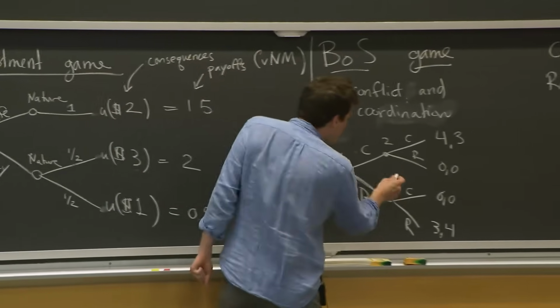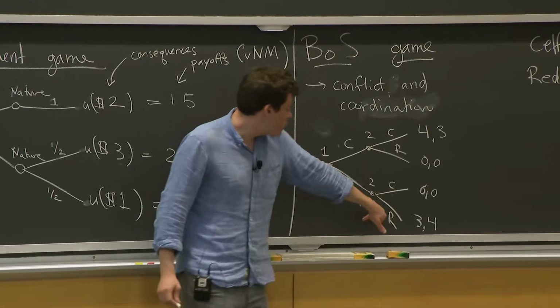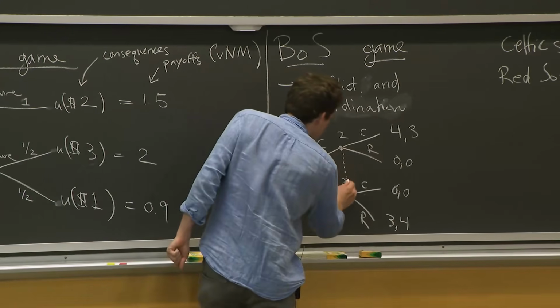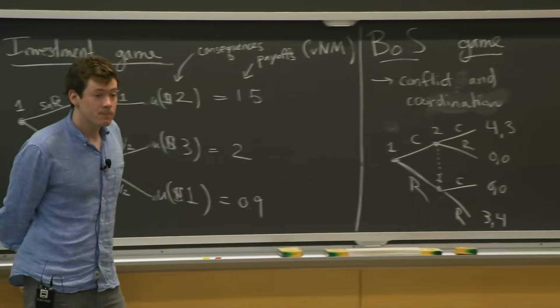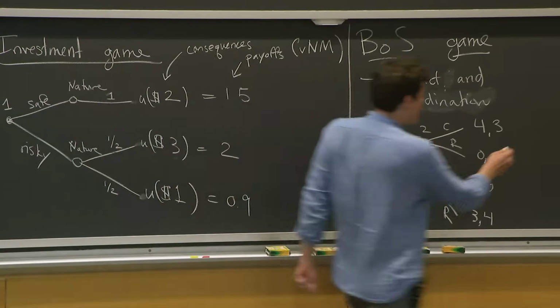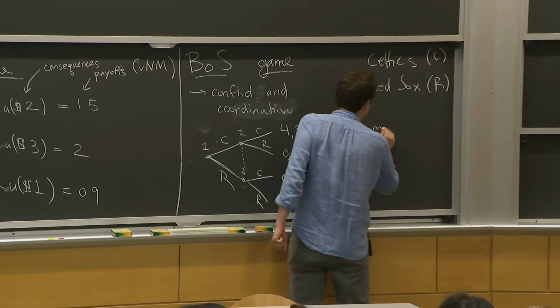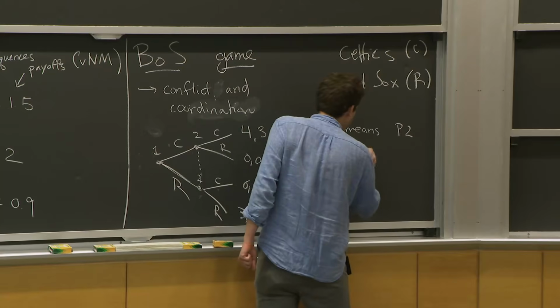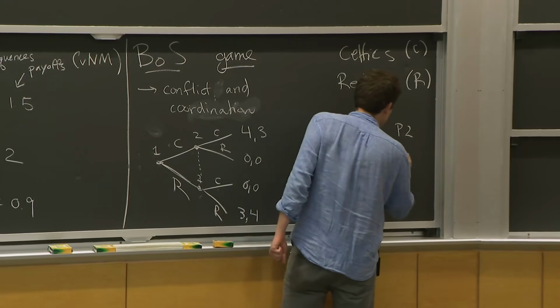So if we wanted to say the version of the game where player 2 does not observe what player 1 did, we would indicate that using a dotted line here. So the dotted line, maybe I'll write this over here, means player 2, P2, does not observe player 1's move.